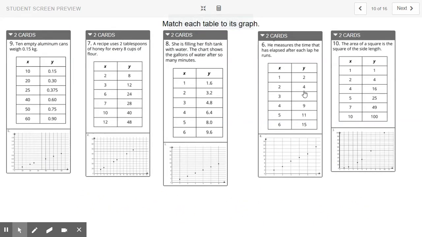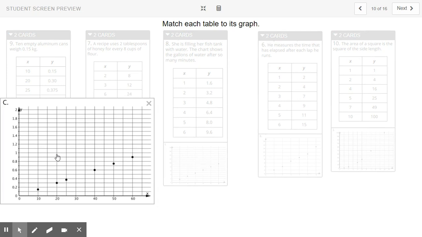Okay, so now looking at these last tables, I'm actually going to increase these so we can see them a little bit better. And we're going to look at just the graphs to decide if they are in fact proportional or not. So when we look at this, what we want to do is kind of connect our dot by dot.